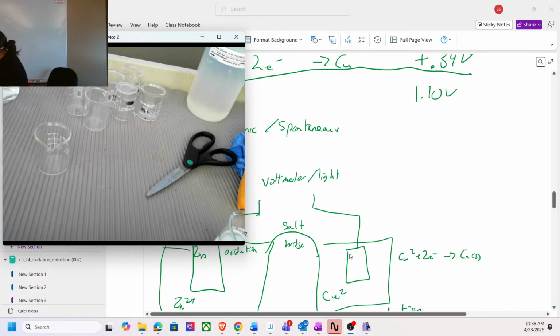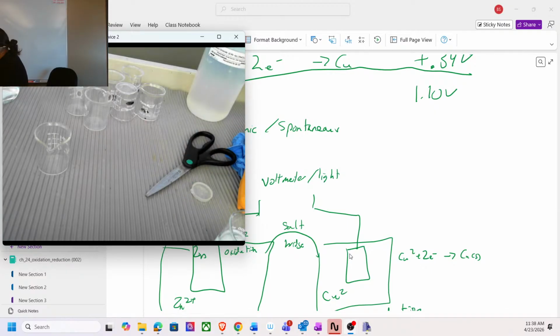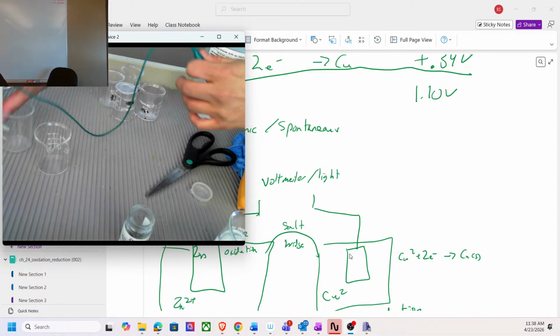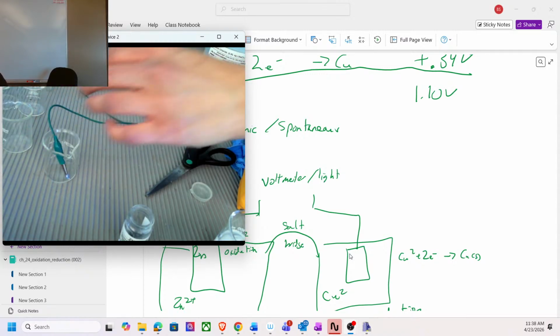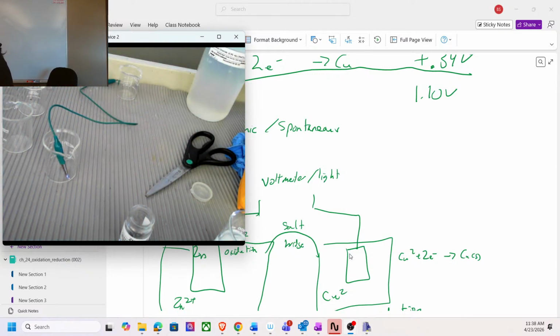So we'll start with our zinc foil. And then I'm going to go ahead and put a wire on it so I can hook it up to my voltmeter. So zinc, right? So again, putting the appropriate counter ion solution.